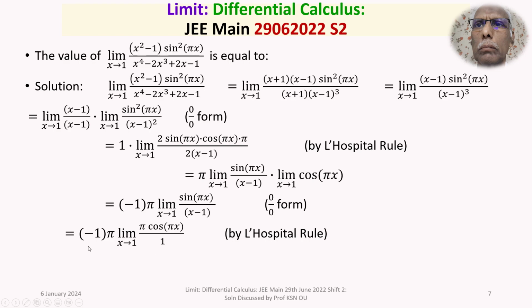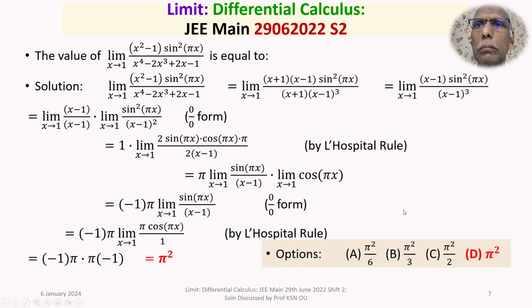So that will be minus 1 into pi, limit as x tends to 1 of pi into cos pi. Cos pi is minus 1 again. So minus 1 into pi into pi into minus 1, and this is pi square. So the limit as x tends to 1 of the given function is pi square.